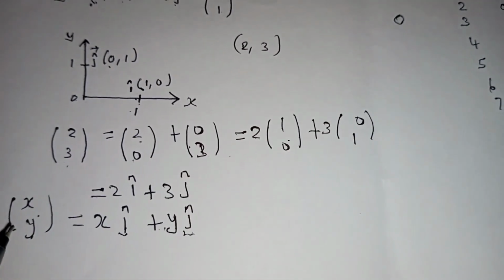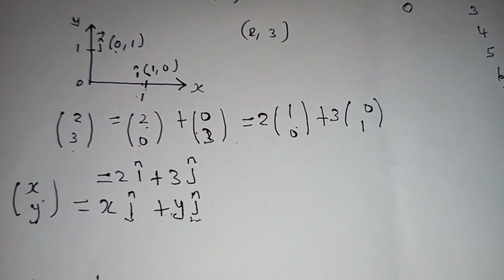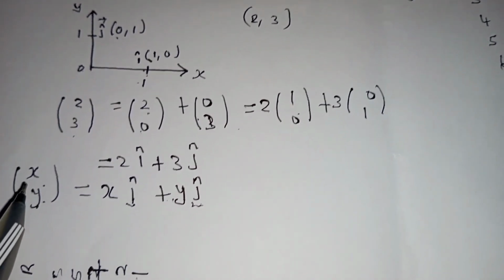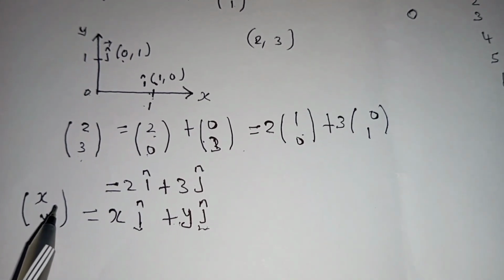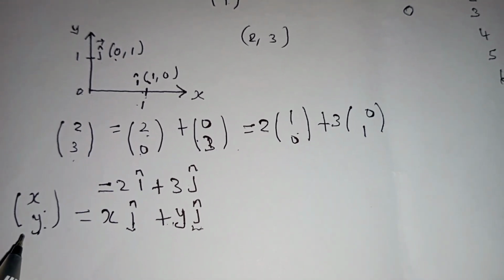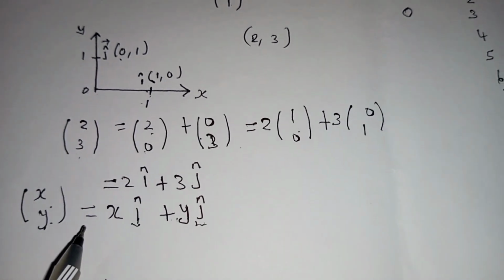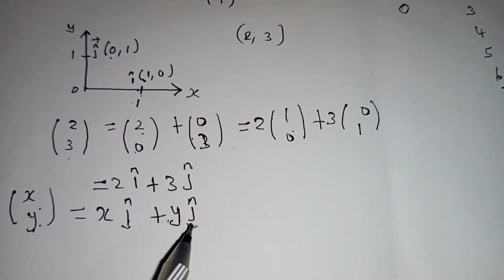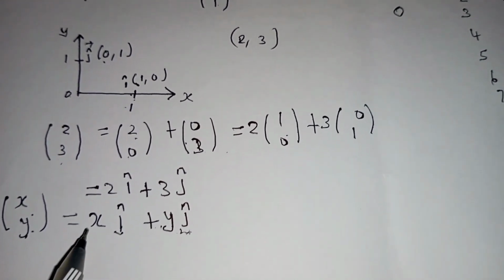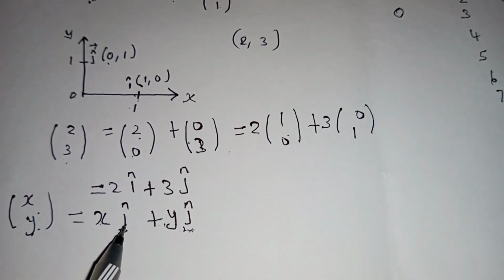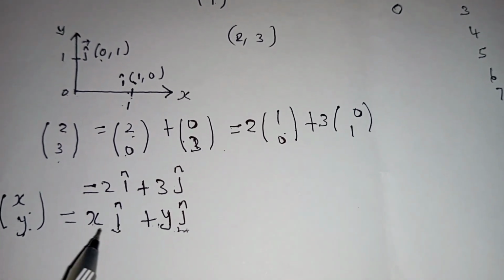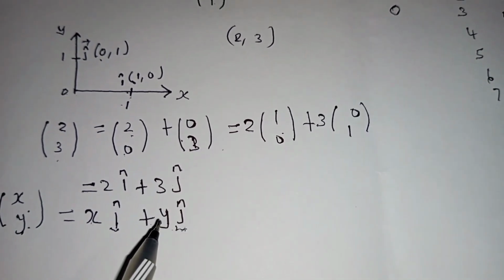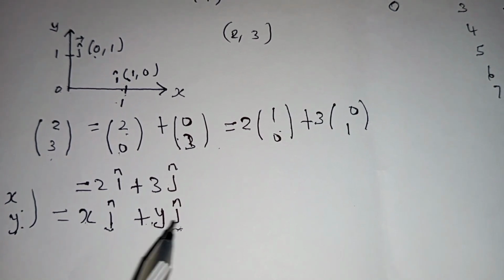So in general, when you have a column vector (x, y), whereby x represents the displacement along the x-axis, and y represents the displacement along the y-axis, it can be expressed in terms of unit vectors i and j as xi plus yj, where x is the component along the x-axis and y is the component along the y-axis.